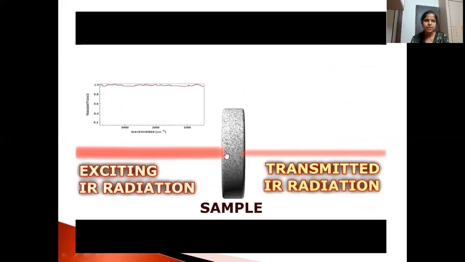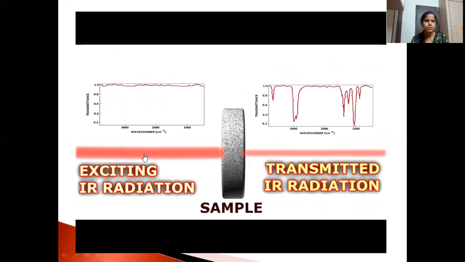Spectra can be recorded for this absorption. Where there is absorption, there is no transmittance, so after coming out, the sample shows some transmittance with dips in the transmission.